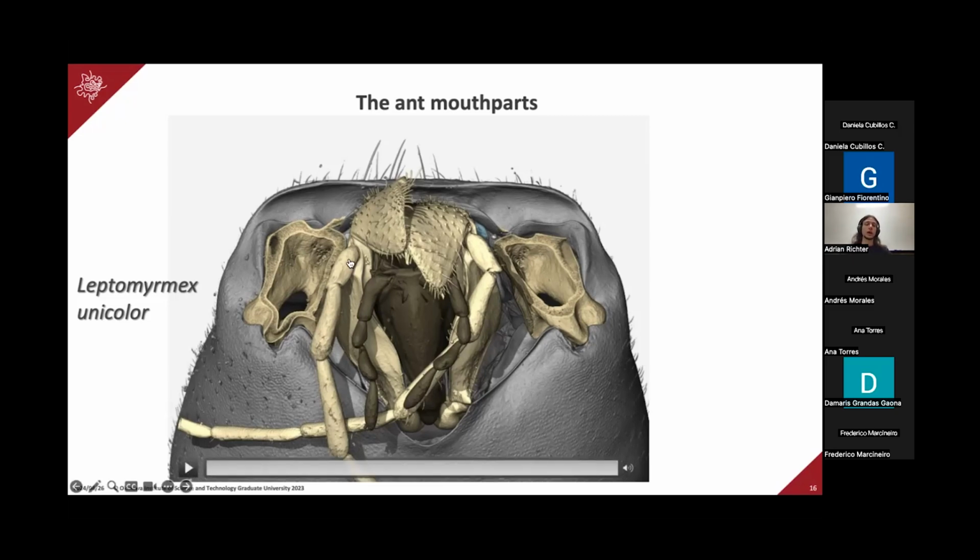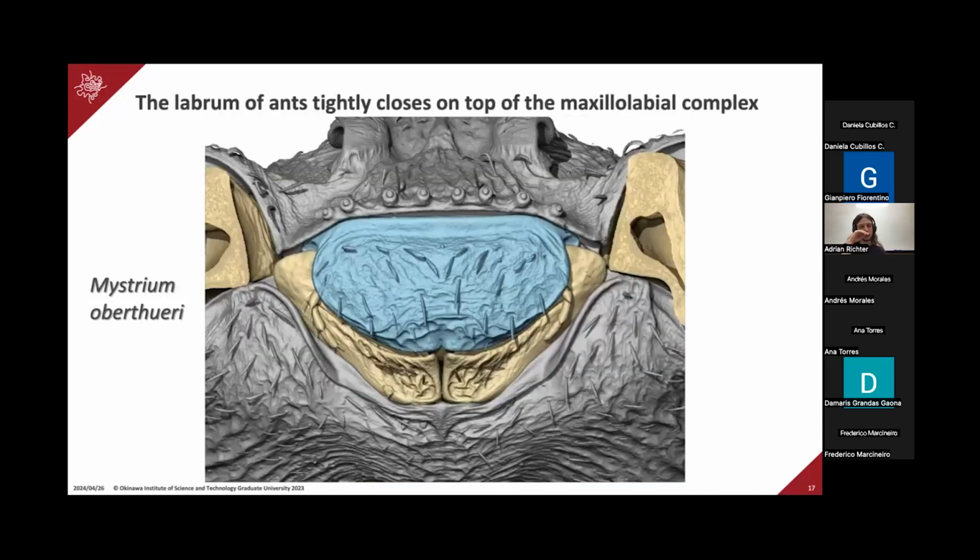And then we also have these finger-like extensions, which are the palps, which are used for sensing. So similar to the antennae, they are chemical and mechanical sensory organs. But most of the time, you actually can't see any of these complex structures because they are all hidden behind this blue structure, which is the labrum.